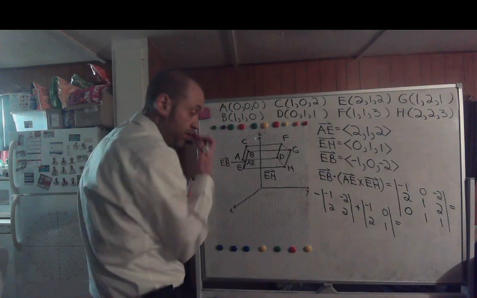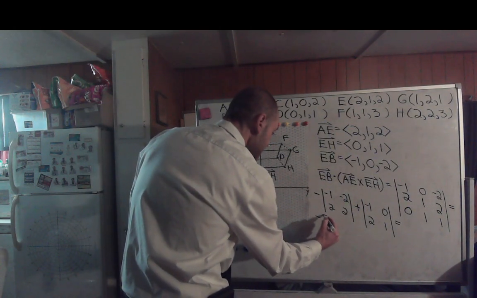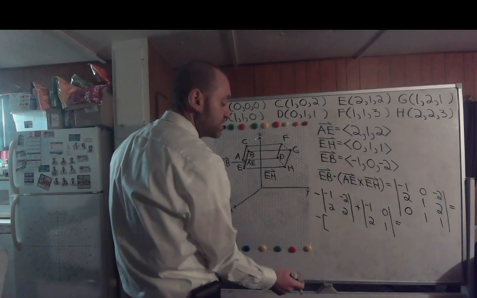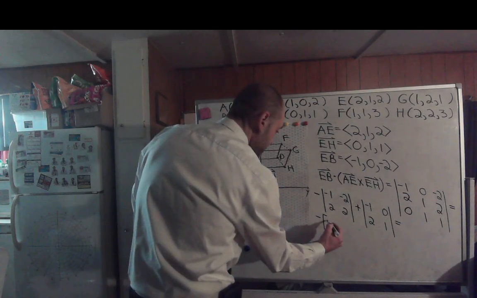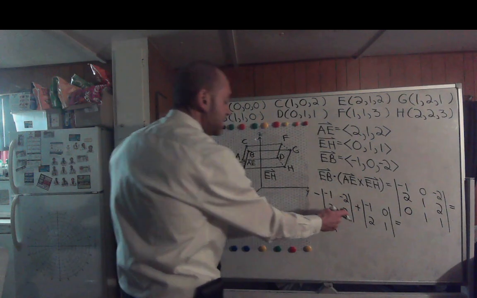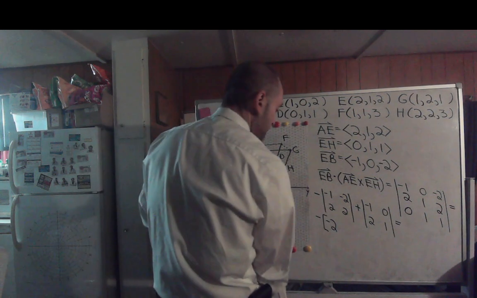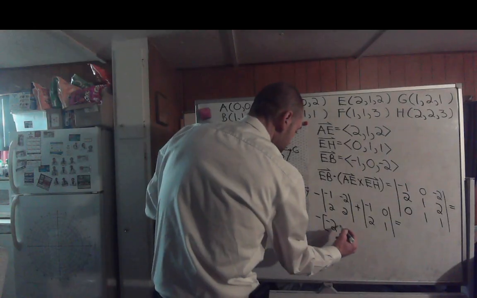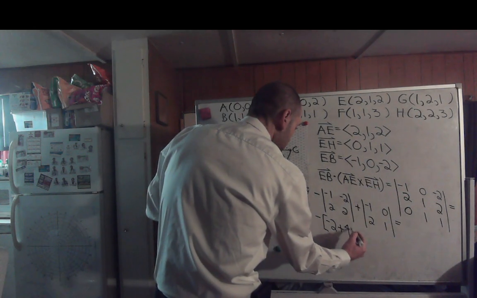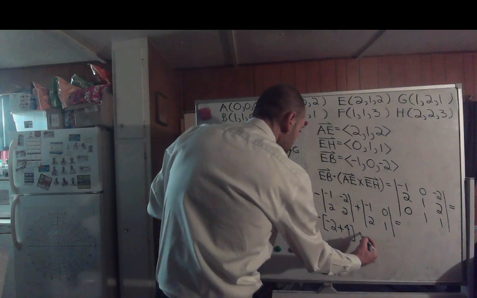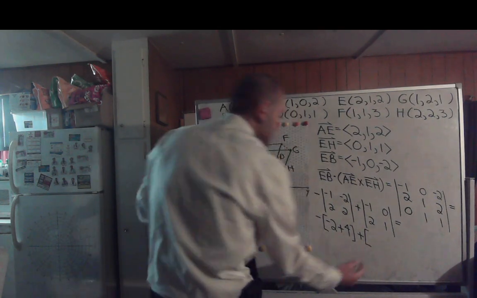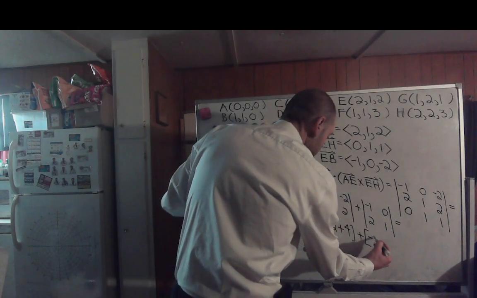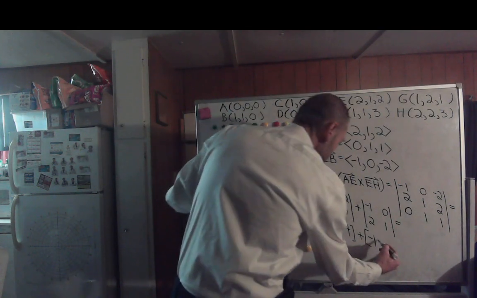Alright, let's do our determinant. So this would end up being negative of -1 times 2 is in fact -2 minus -2 times 2. That would end up being plus 4. Plus this other determinant, so -1 times 1 is -1, minus 0 times 2 is 0.